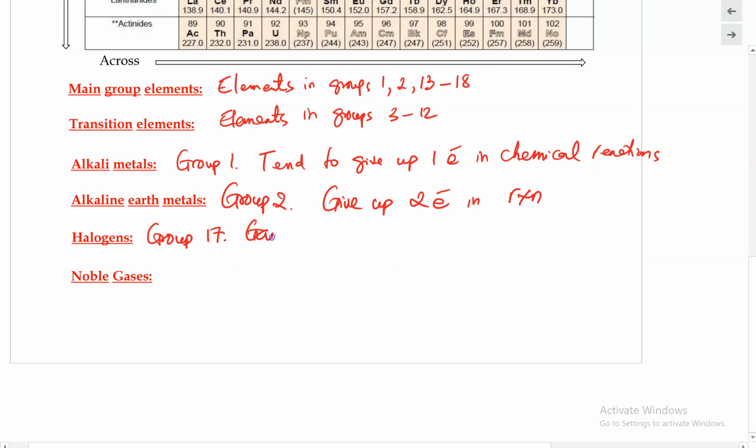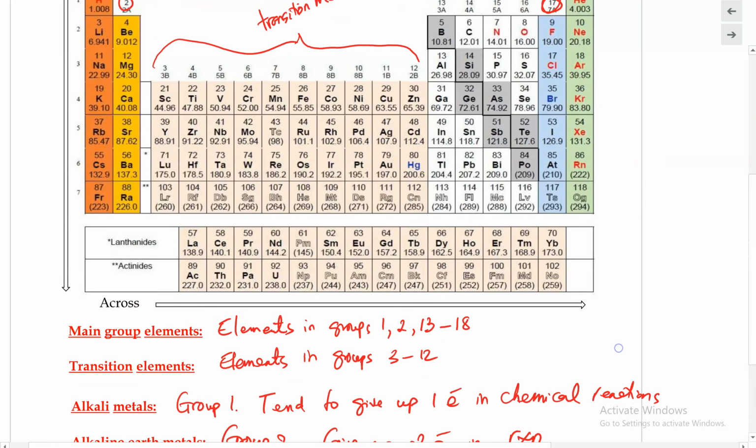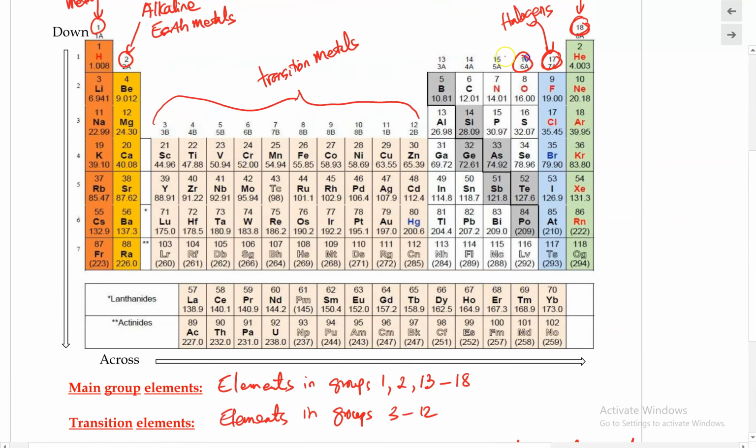So they like to gain 1 electron in chemical reactions. Group 16, on the other hand, although we do not have a name for this group, in chemical reactions, they like to accept 2 electrons. And now, group 15 in chemical reactions would like to accept 3 electrons.